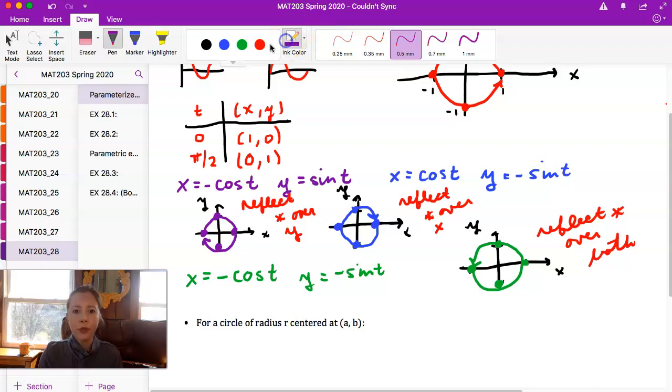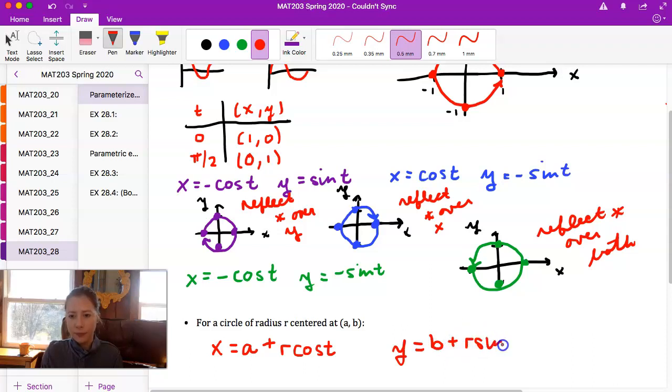For a circle of radius r centered at (a, b), x is going to be equal to the x coordinate of the center, so a, plus the radius of the circle, r, times cosine t. And y is going to equal b plus r sine t.